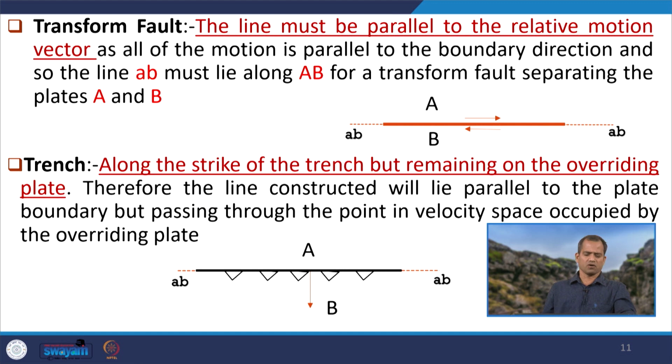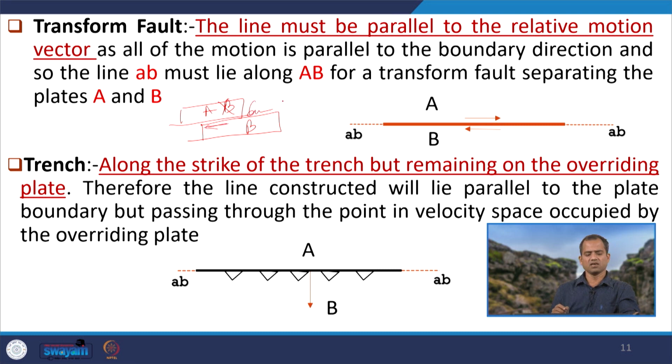And for a transform fault, the line must be parallel to the relative motion vector, as all this motion is parallel to the boundary direction. So, the line AB must lie along the AB transform fault separating plates A and B. For example, suppose we are talking about these two plates, A and B, this one is B, not this. The relative velocity in this direction is around 6 centimeter, for example.